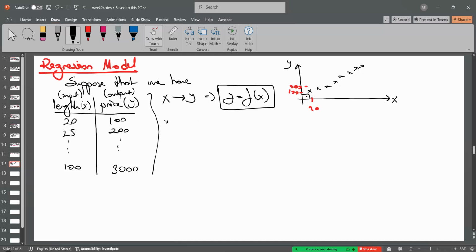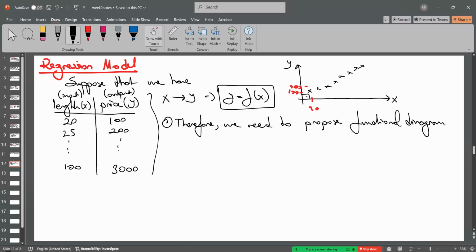Okay, and therefore we can write that we need to propose a functional diagram to learn this data, guys. Okay.